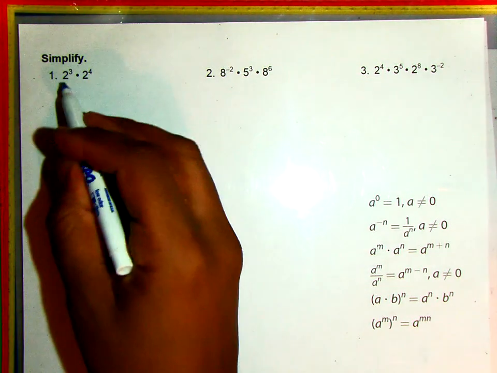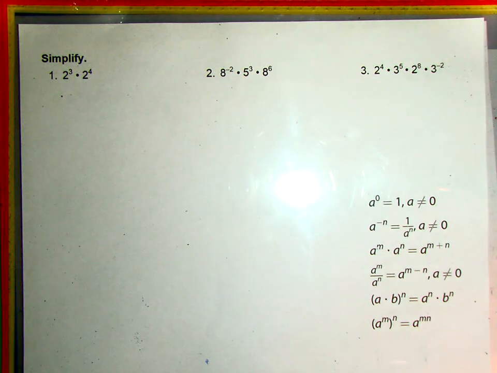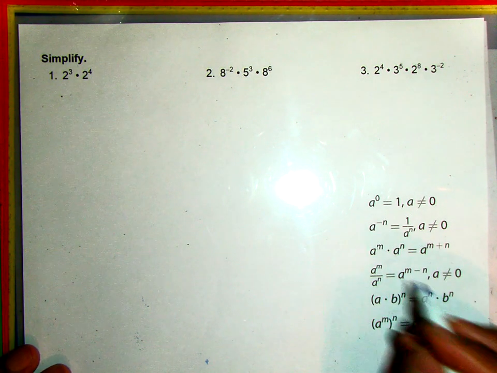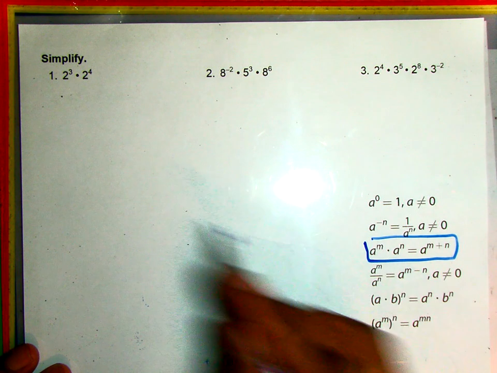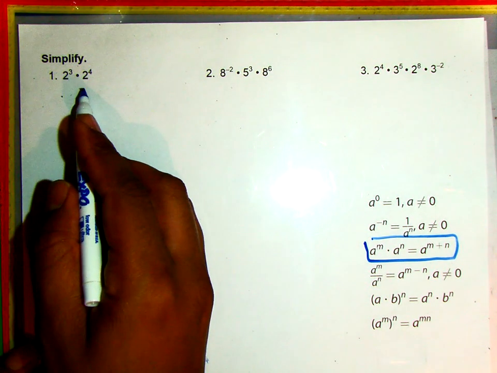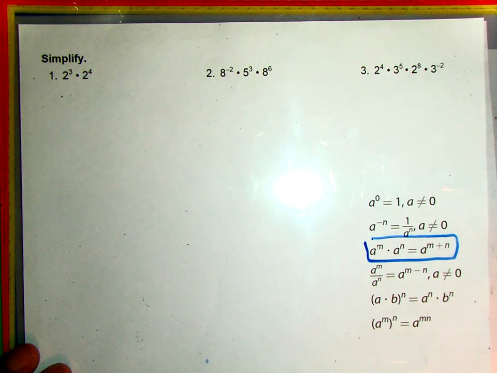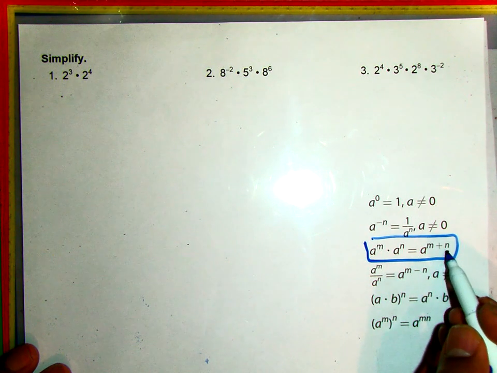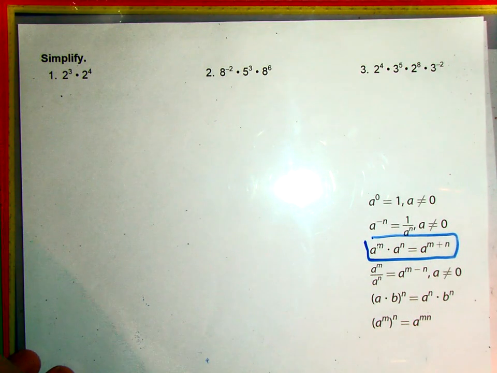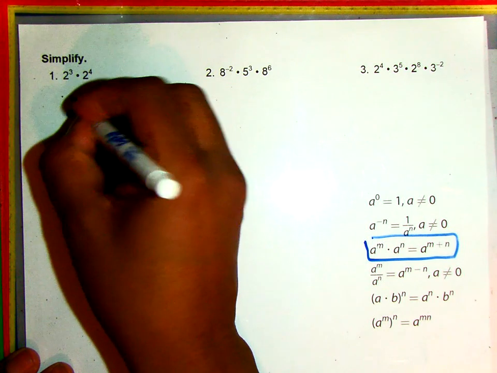They both have the exact same base, so we're going to match that up with the correct rule, which is going to be this one. Notice how this matches up with what's here. So all we're going to do is take these two different exponents that have the same base and just add them together. So we'll end up with 2 raised to the 7.